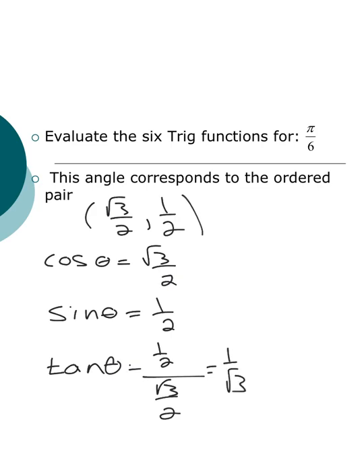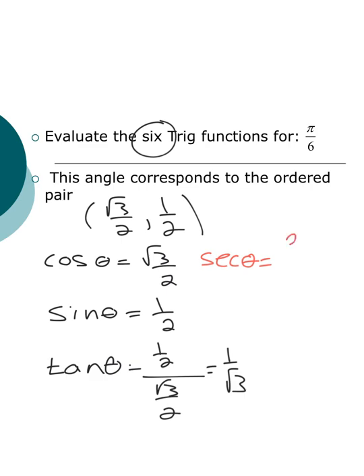To take those and get my other trig functions, because you are asked to find all 6, we need to find the cosecant, the secant, and the cotangent. And they are very nicely related to the 3 we already have set up. To begin with, the secant is going to be the reciprocal of the cosine. So if I already know what my cosine is, I take the reciprocal of that value, and that becomes my secant.